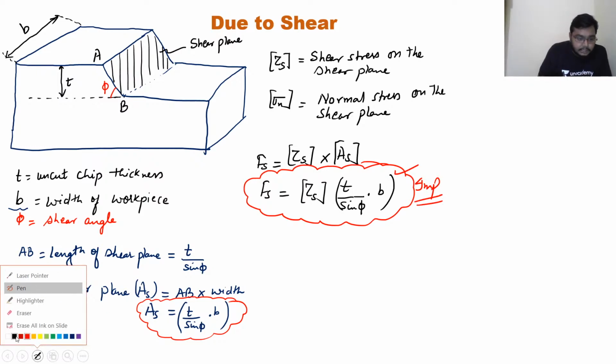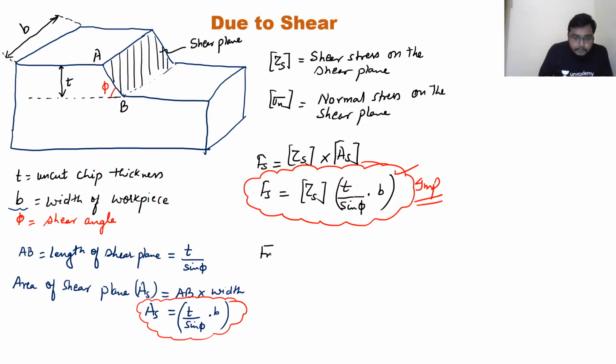Next, what would be your Fn? Similarly, Fn would be sigma n into shear area, because both are acting on the shear plane. What is shear area, sir?